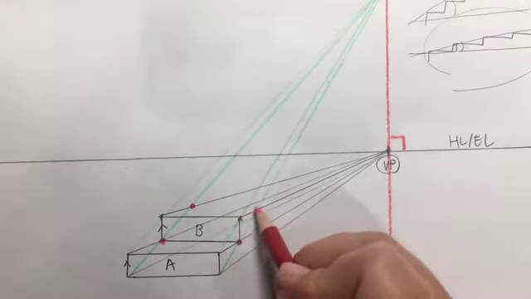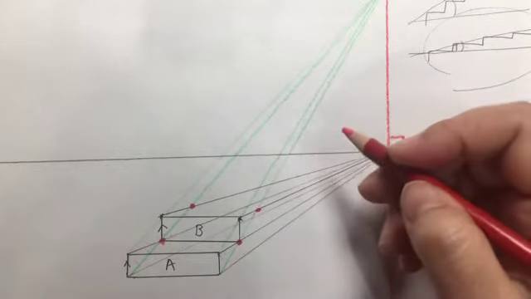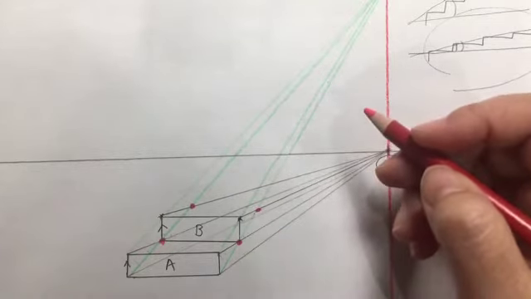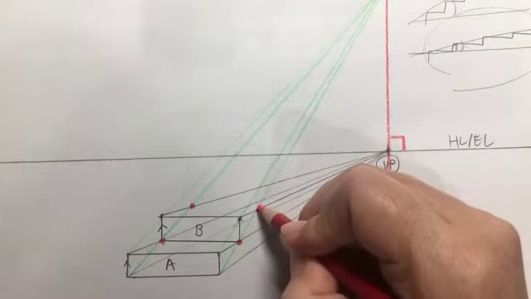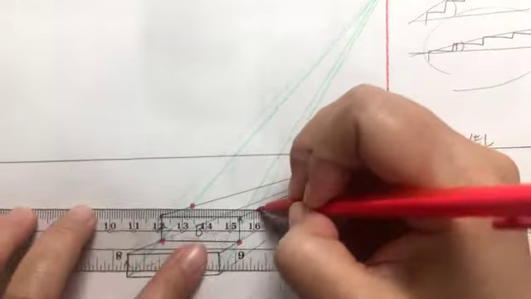This line intersects here. Oh, I'm sorry. This line intersects with, oh yeah, sorry, here. This is fine. And then this is the end of the step B.